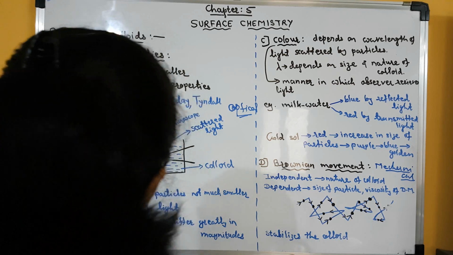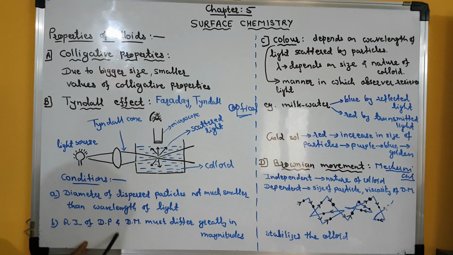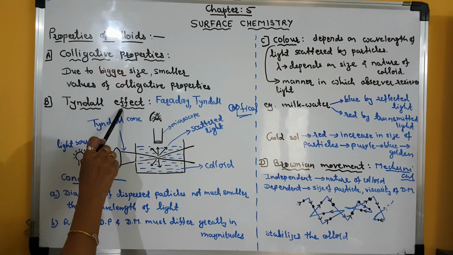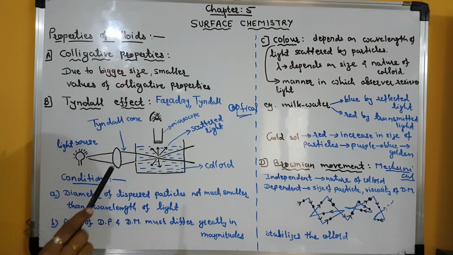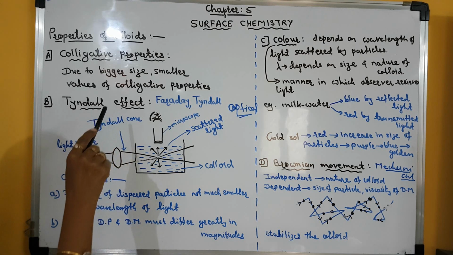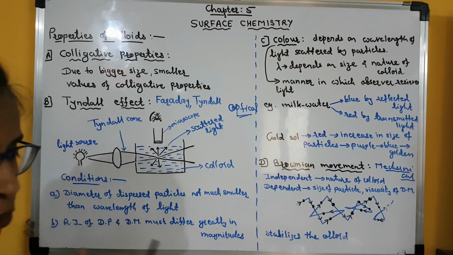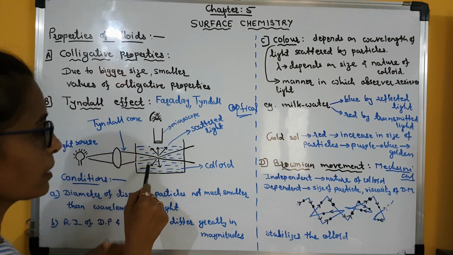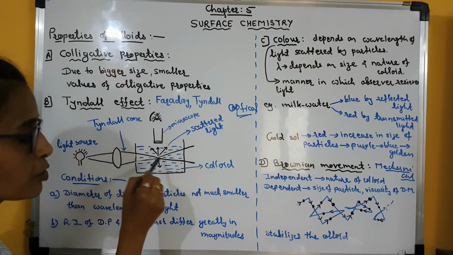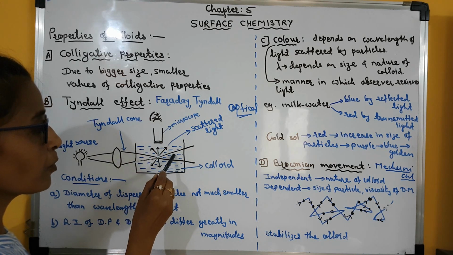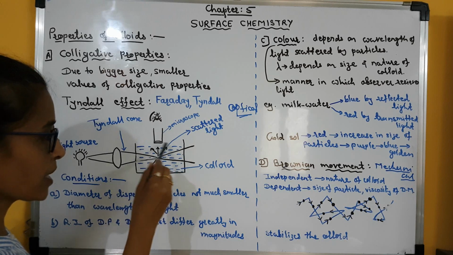Now one more thing I forgot to tell you: in case of the Tyndall effect, what is the importance of this effect? This effect is used in the construction of the ultramicroscope. Clear? With the help of the ultramicroscope, we can see the light.